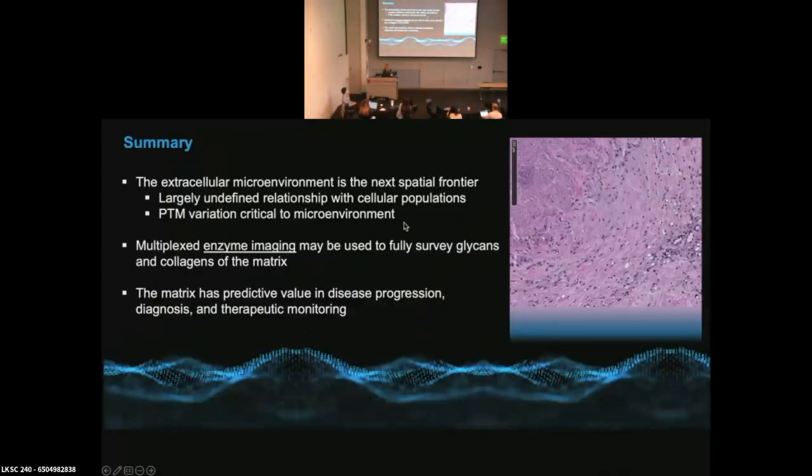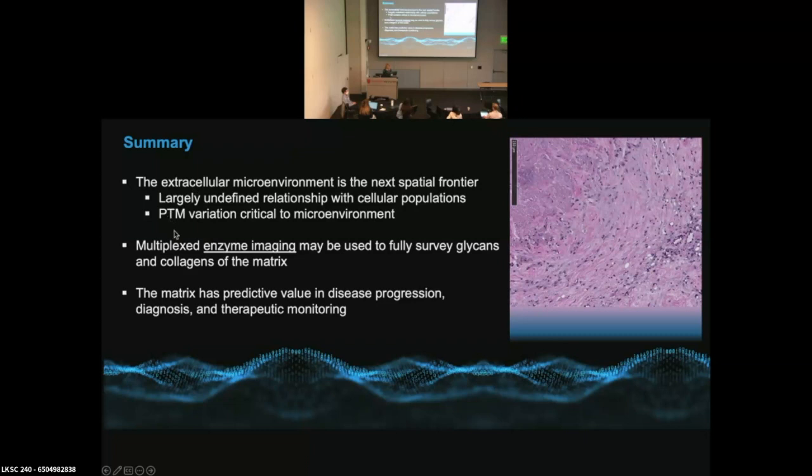So with that, I'll conclude, and I just want to say that the extracellular microenvironment, I believe, is the next spatial frontier. It does control these gradients. It does control these potentials. It forms these hills and mountains that Russ was talking about. There's a largely undefined relationship with the cellular populations, and so we need to connect the landscape with the cells and understand why the cells have moved into certain areas.